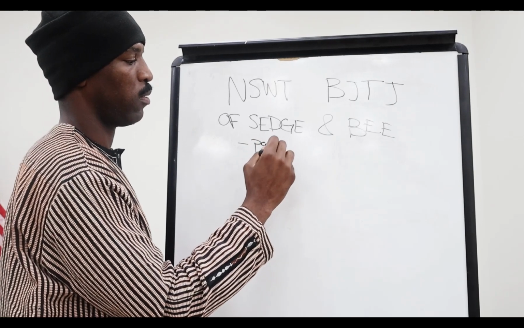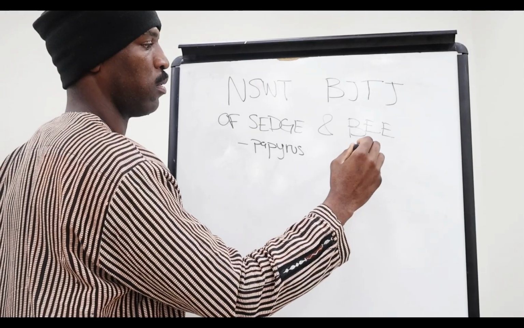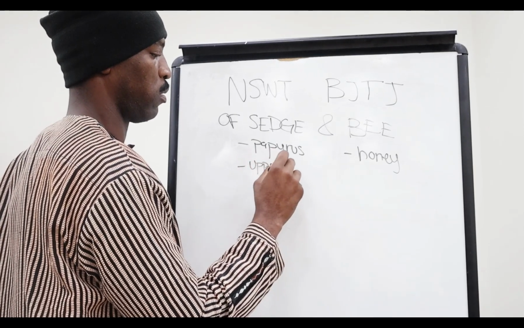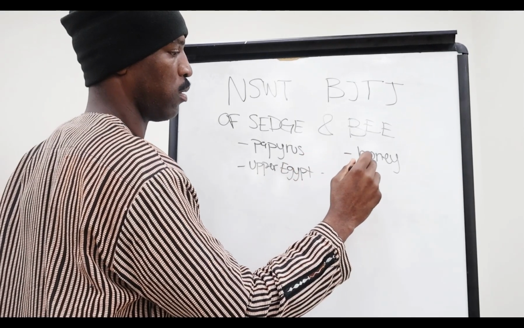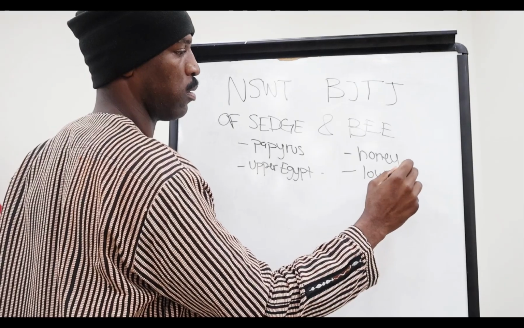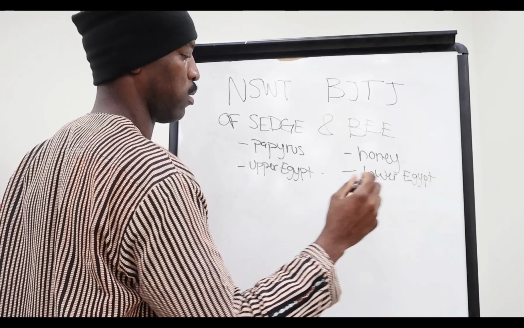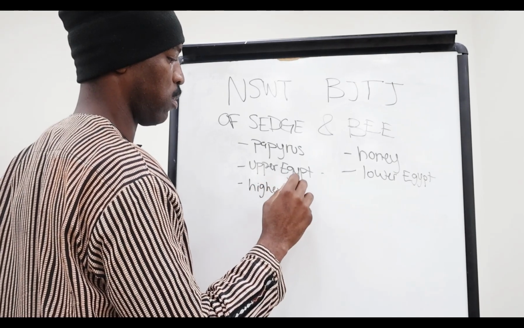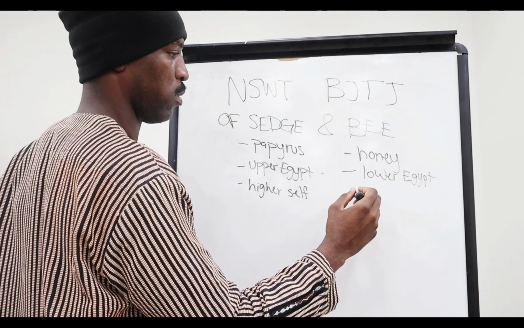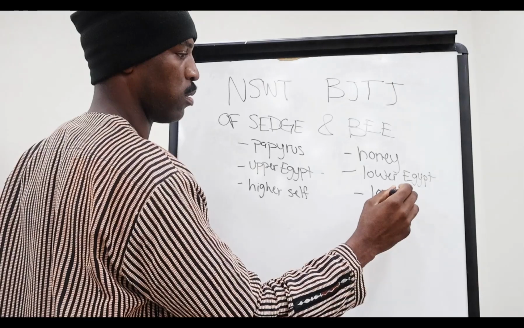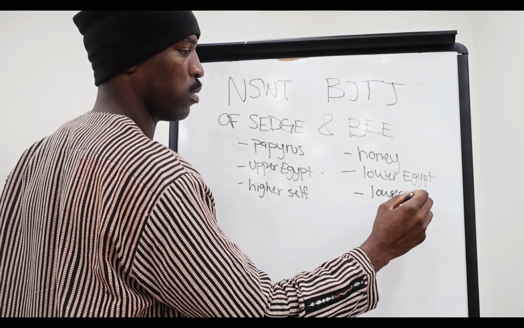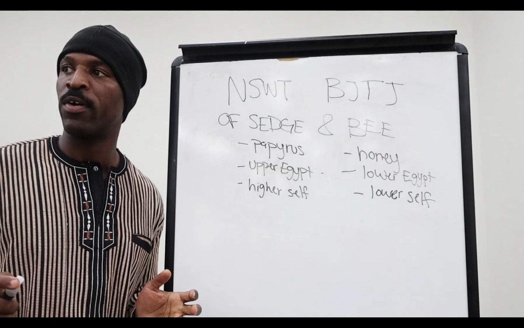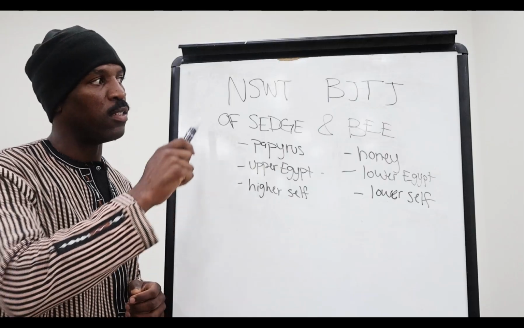Okay. Now, in English, we say pharaoh, but in ancient Egypt, they would refer to the pharaoh as Nesut Biti.